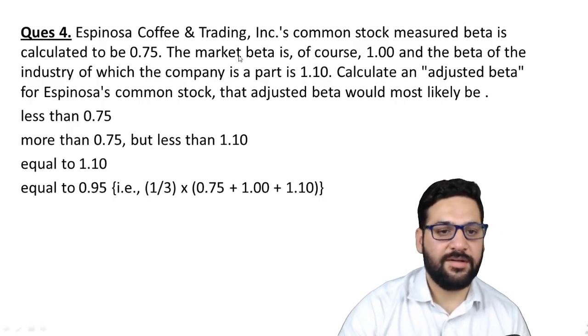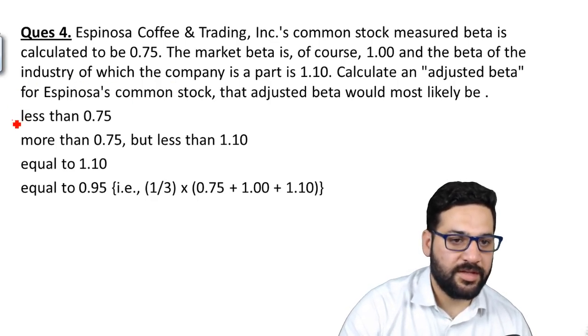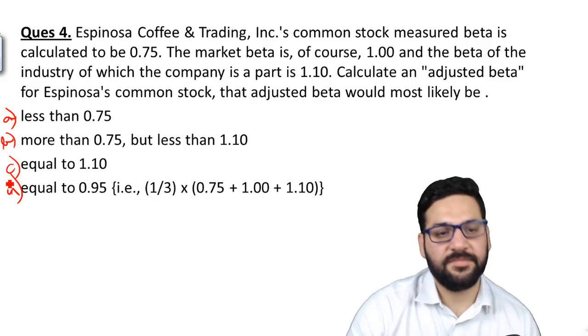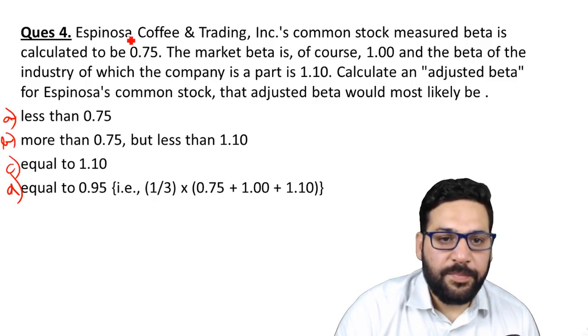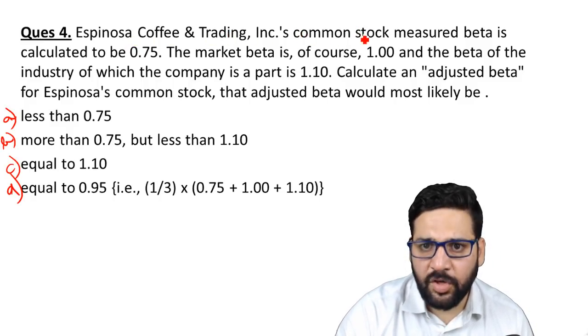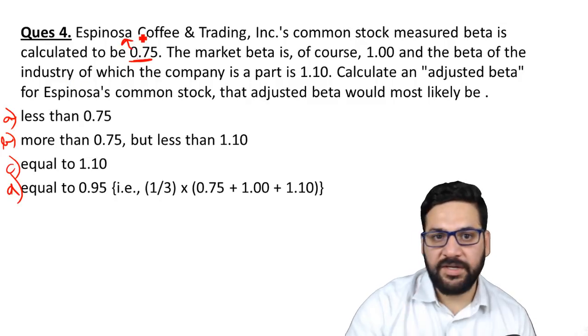Just solve this question for me. These are the options. I didn't mention the options here. This is A, this is B, this is C, this is D. Espinosa Coffee and Trading Industries common stock measured beta is calculated to be 0.75. The beta of Espinosa Coffee and Trading is 0.75.